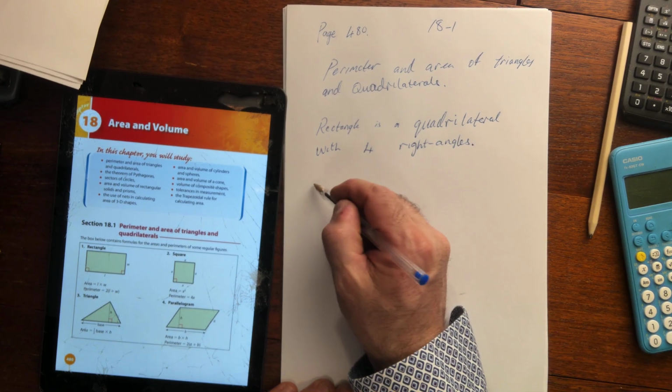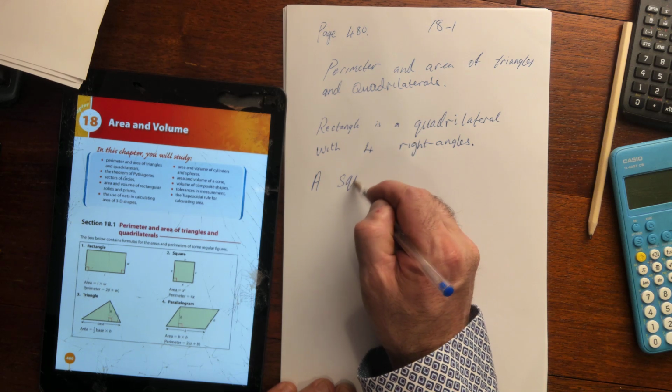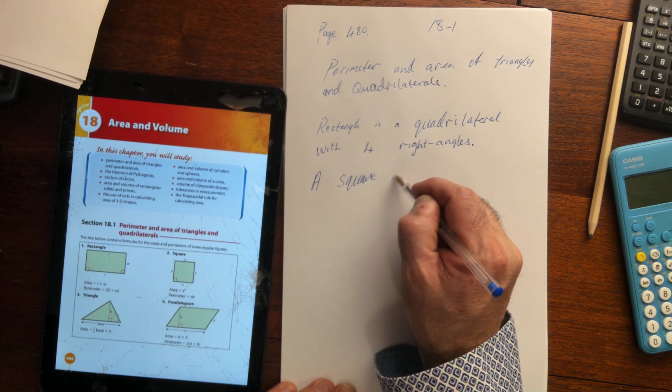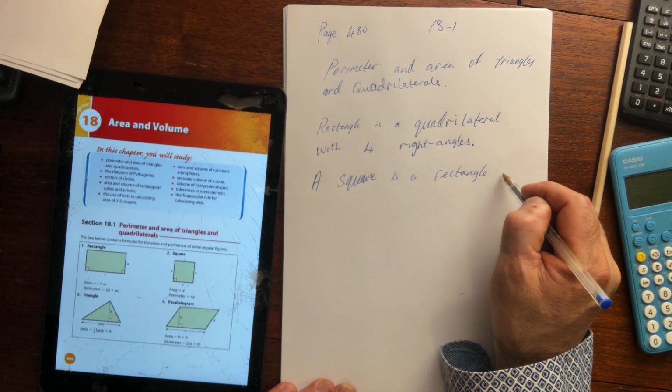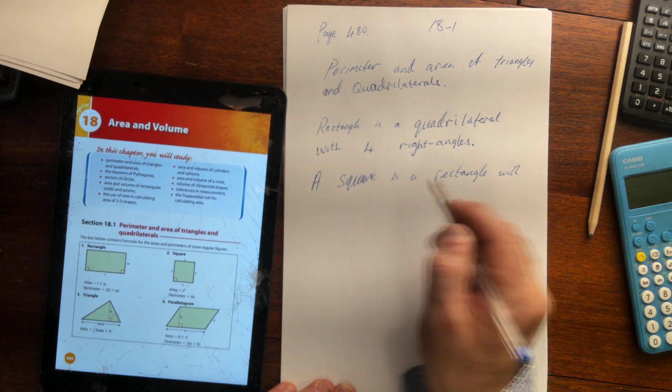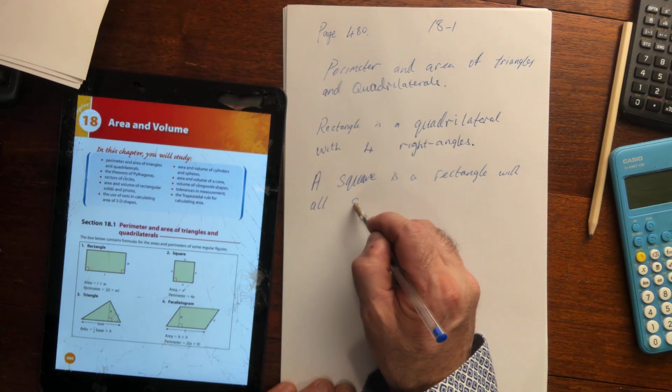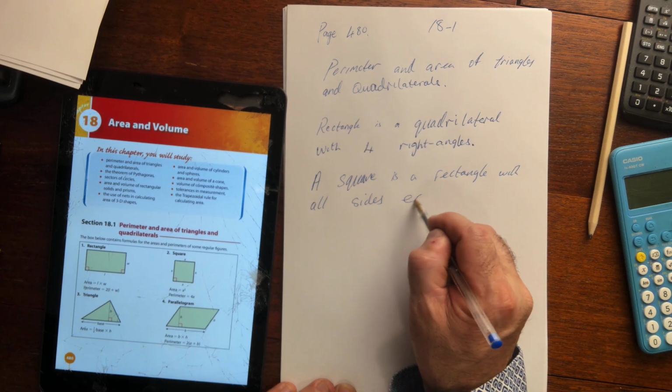Okay, a square is a rectangle with all sides equal.